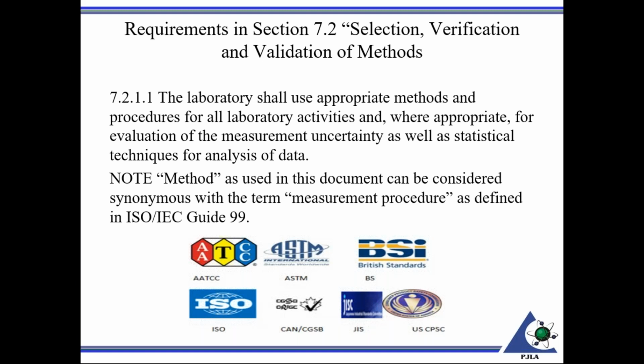So, of course, being assessed to 17025 under section 7.2, you would be assessed that you are using appropriate methods, whether they come from a nationally recognized method such as ASTM or ISO type methods, or if you developed your own method. These are things that are assessed and assured to be appropriate for the testing and calibration activities under your scope of accreditation.